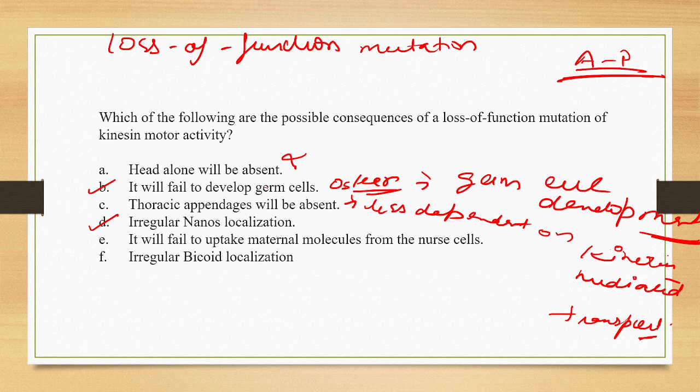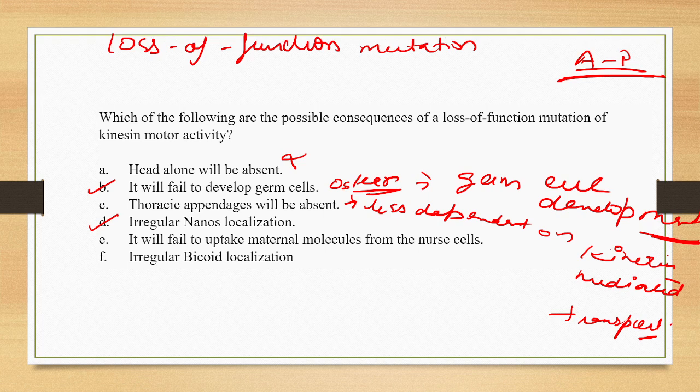Then we come to the next option, that it will fail to uptake maternal molecules from the nurse cell. Is this true or false? It is false. Why? Because the movement of maternal molecules from the nurse cell is not dependent on kinesin motor activity.